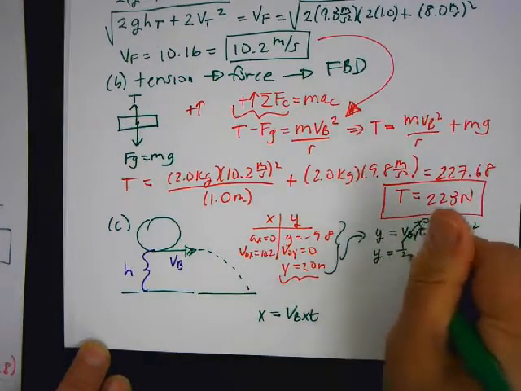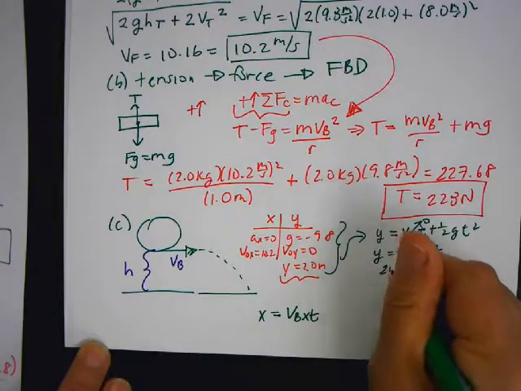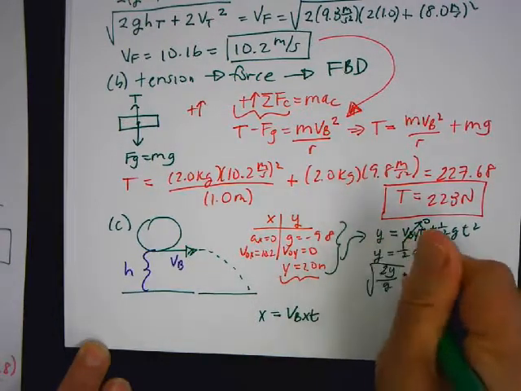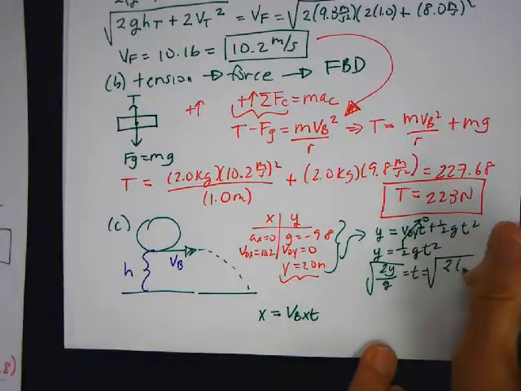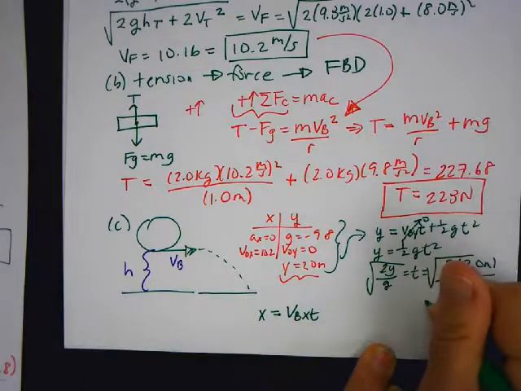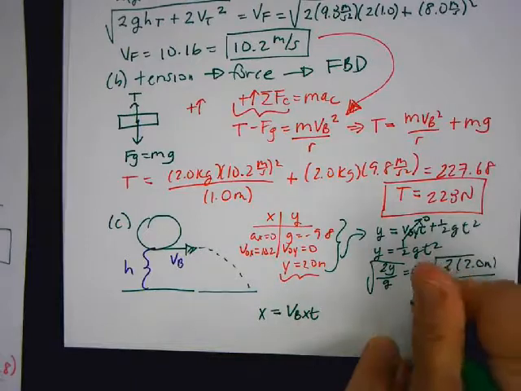So y is 1/2 g t squared. I'm going to rearrange the equation. So the square root of 2y over g is equal to t. So 2 times 2 meters over 9.8. So t comes out to be 0.639 seconds.